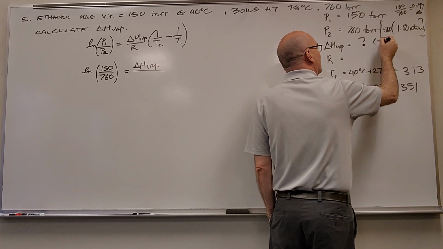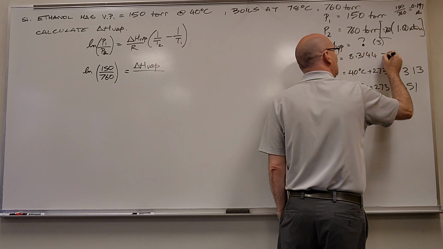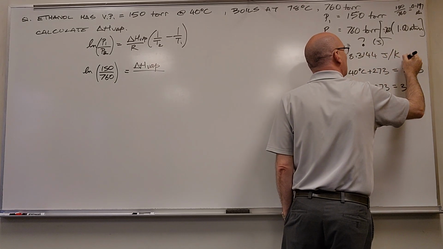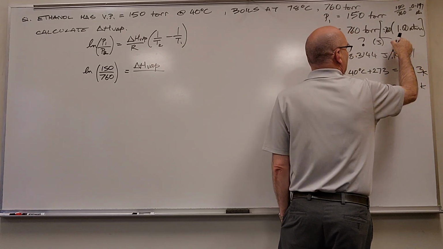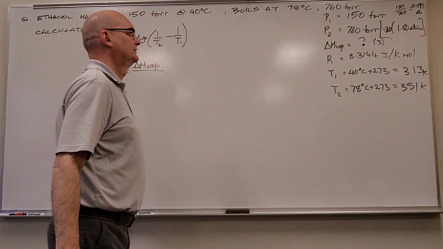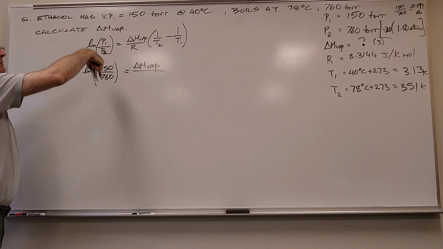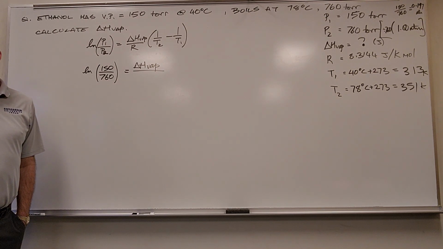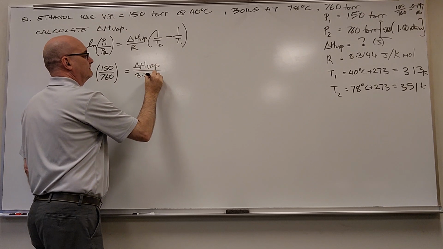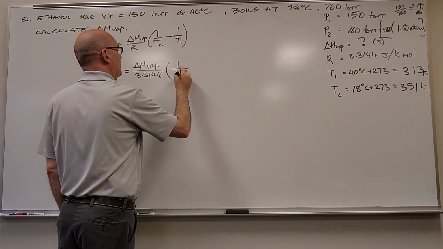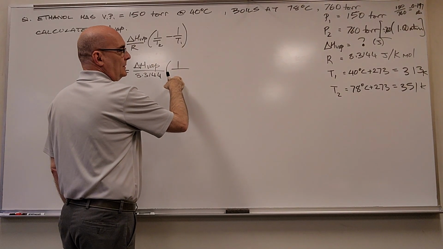And its units are going to be in joules, because it's 8.3144 joules per Kelvin per mole, and these are in kelvins, which means that has to be in joules. And the two pressures divide each other, so their units go away. What's T2? 350.